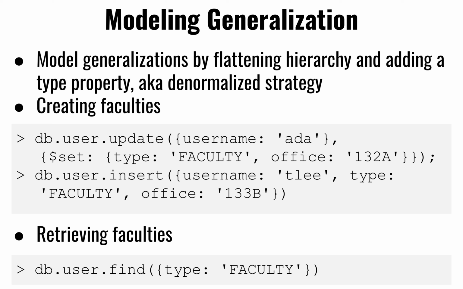So, for instance, we're going to use the same user collection to represent both faculty and students. And we're going to use an additional field called the type field, which will tell us whether this is a faculty or a student. Okay, and now some of the fields won't make sense if you're a faculty, and some other fields won't make sense if you're a student.